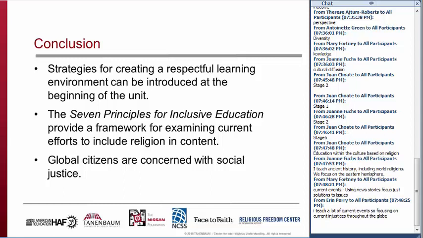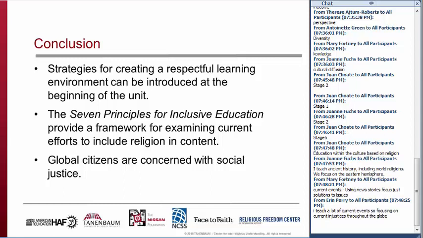The 7 principles for inclusive education can provide a framework for examining current efforts to include religion in content. And we really do encourage educators to play with them. So there's the way we present them, but then there's what you're going to see as you begin to explore these ideas in a more concrete way.